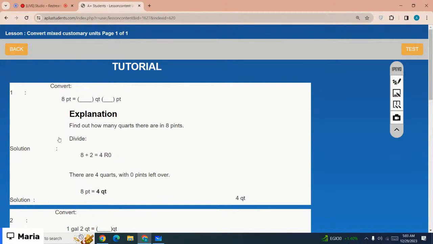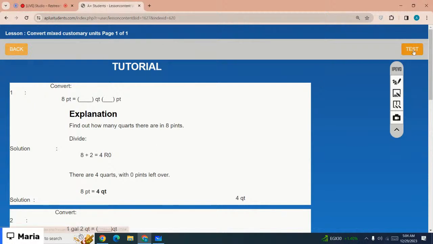So 1 pint equals 2 quarts, so you need to divide 8 by 2. That means you are left with just 4. So you have 4 quarts and 0 pints. Basically that is a conversion from one unit to another. You have to convert from pints to quarts. We know that 1 pint equals 2 quarts, so you have to divide by 2, and that equals 4 quarts.